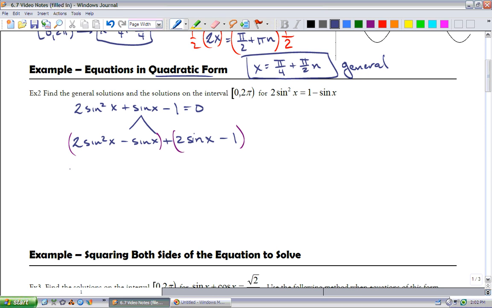I factor out a sine x. And I don't need to take anything out of this second term because it matches my first. And since we have a 2 sine x minus 1 with both of these here, I can factor those out. And so I end up with 2 sine x minus 1 times sine x plus 1, all these equal 0, I'm sorry.